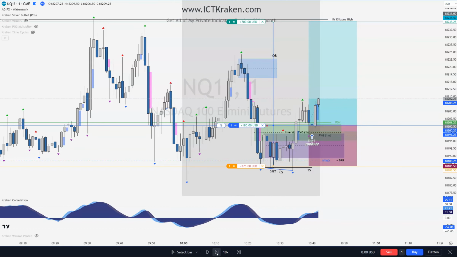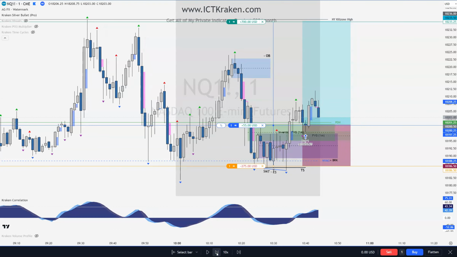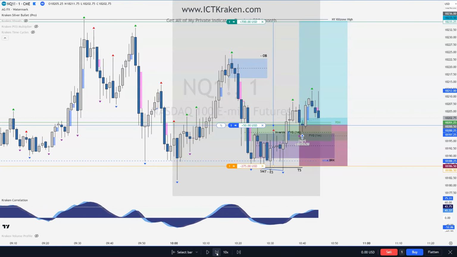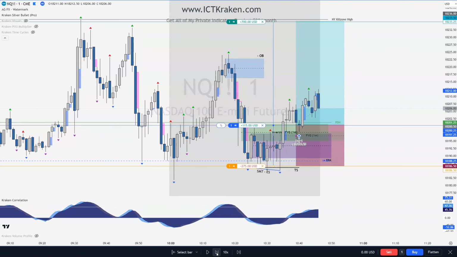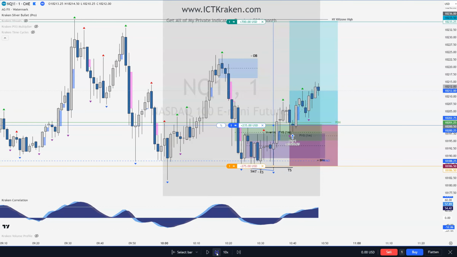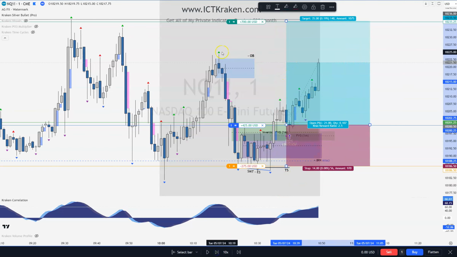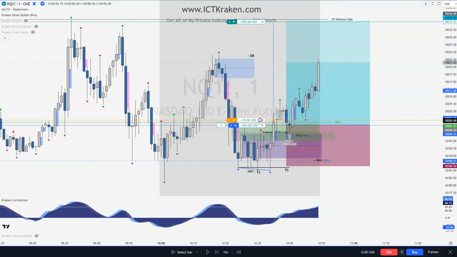All right, so count it with me. There's one PD array. It's close. Let's see. We were aiming for 700, so 350 is 50%. We'll just move it right below that. We'll go break even now, so we're good.